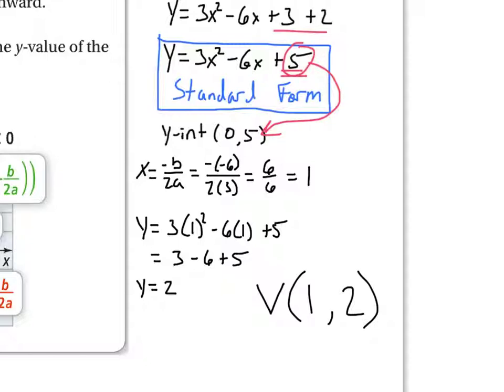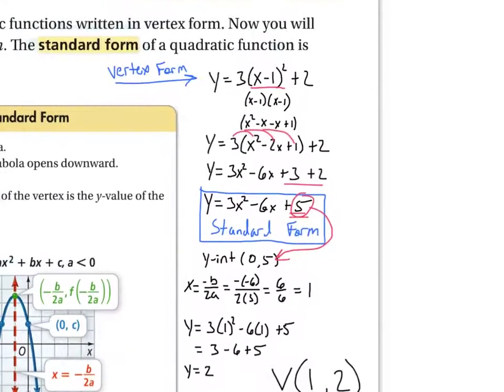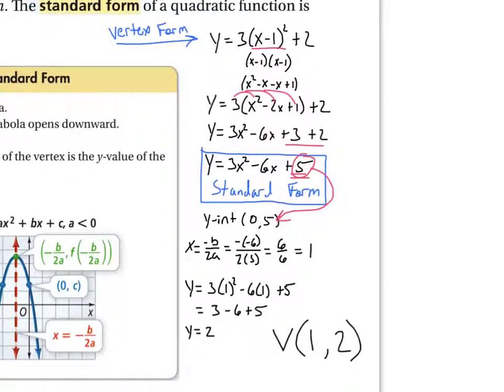Cool. Well, let's see if we're right. Look back up at vertex form. Where's your vertex located? 1, 2. All right. This example here is kind of to show you how things are connected. Okay?